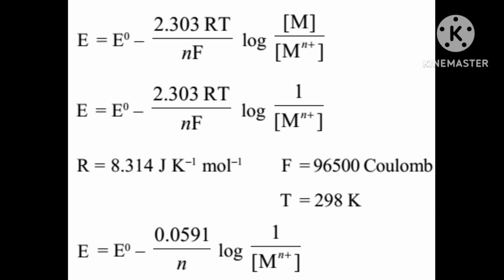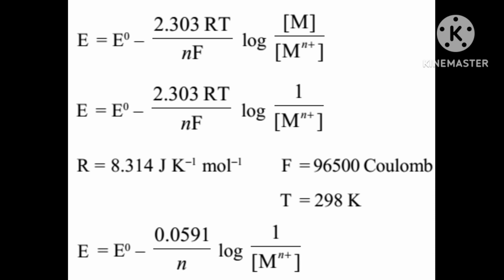Okay, and in the same way, if any other cell is there, then for that cell you can derive the Ecell the same way. You know that different types of cells are possible. As an example, suppose nickel electrode and silver electrode are joined.